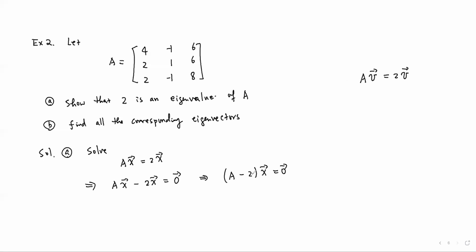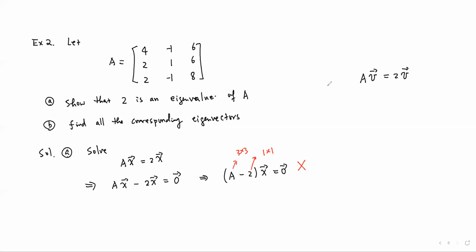If I take out x in this way, then something is wrong. Why? This is a 3x3 matrix, and you can view a scalar as a 1x1 matrix. A 3x3 matrix minus a 1x1 matrix is not computable because their sizes are not equal. So don't take out x in this way.